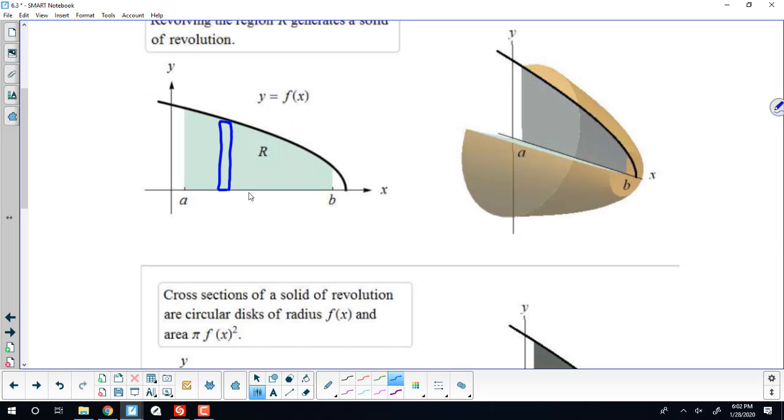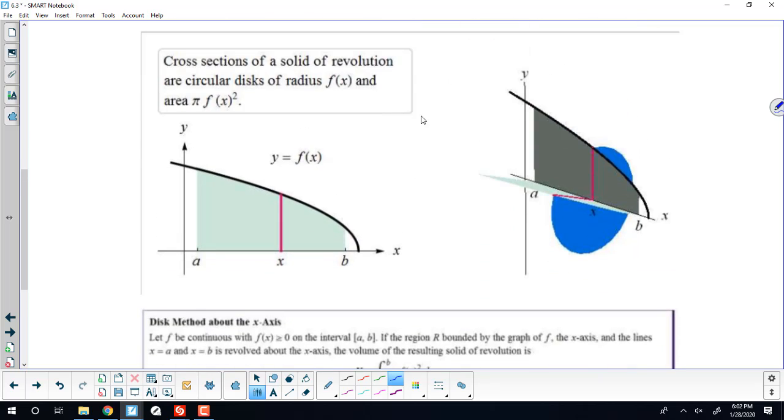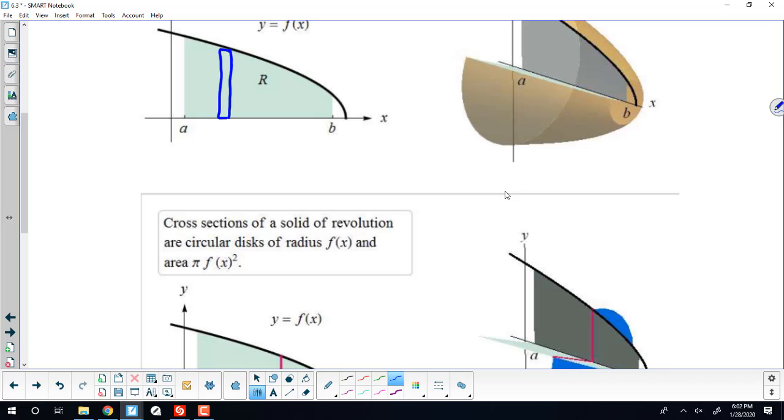We're focusing on the area of this disk that's generated, and the area is pi r squared, with the distance from top to bottom being the radius of each one of those disks. This thing here would give us this disk. There's our radius. We would have another cross section here, giving us that disk with this radius.